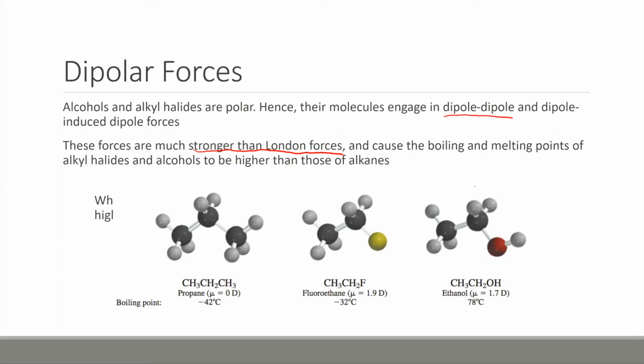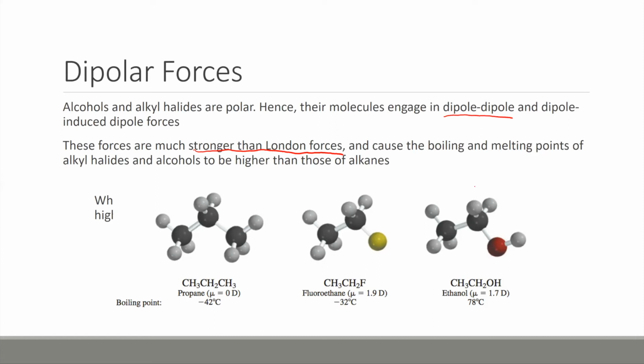Just like intermolecular forces affect boiling and melting point in alkanes, dipole-dipole interactions affect boiling point and melting point in alkyl halides and alcohols. So remember this also in the lab, we talked about effects on melting point and also now boiling point.